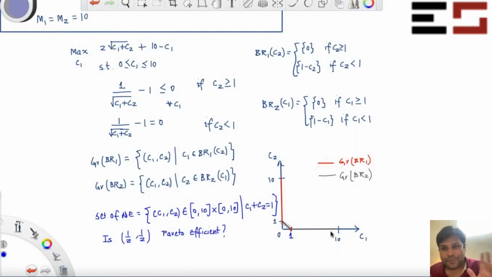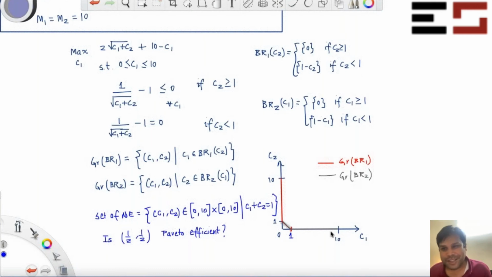The definition of Pareto efficiency says, is there a feasible way? What do you mean by feasible? Can they pick different actions compared to, say, half half, and is it possible to improve the satisfaction level of one of them without reducing the satisfaction level of the other? I'm not imposing any restriction that the action pair has to be a Nash equilibrium.